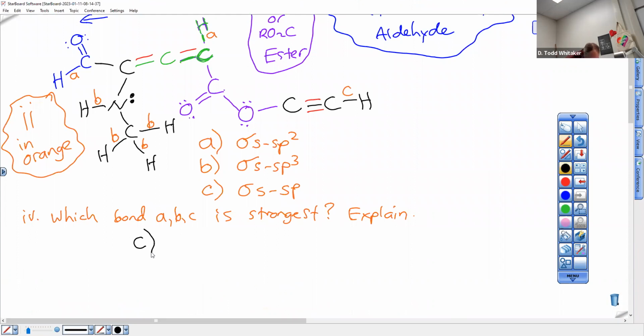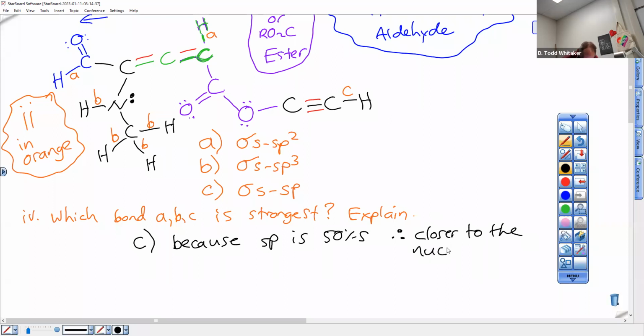C, because sp is 50% S, therefore closer to the nucleus, therefore stronger. Bonds that are closer to the nucleus, electrons coming in tight, that's stronger. It's good. Hybridization is not just a thing, it explains some chemistry.